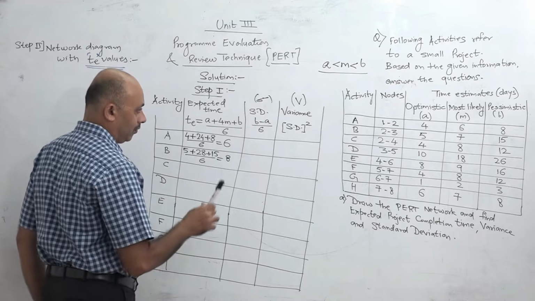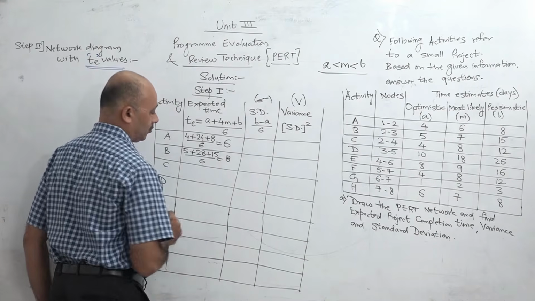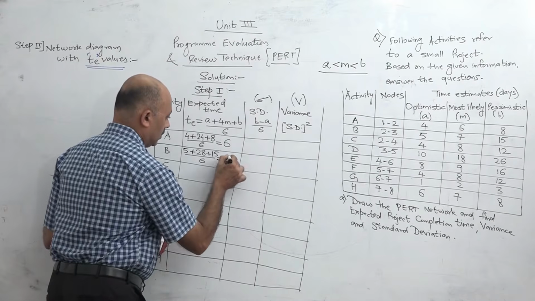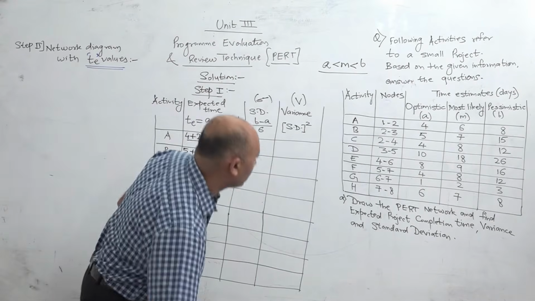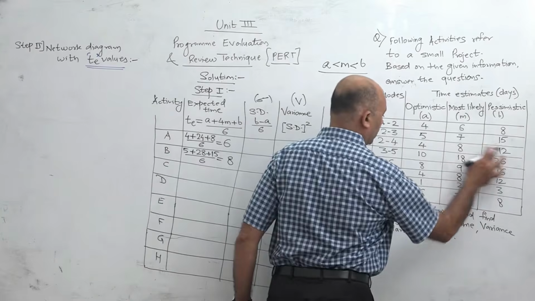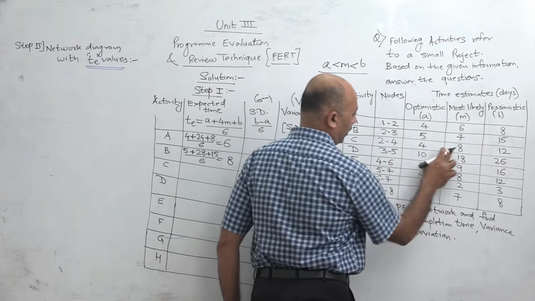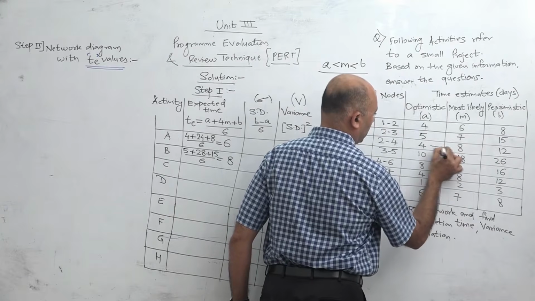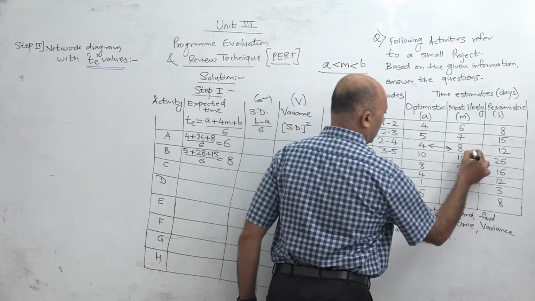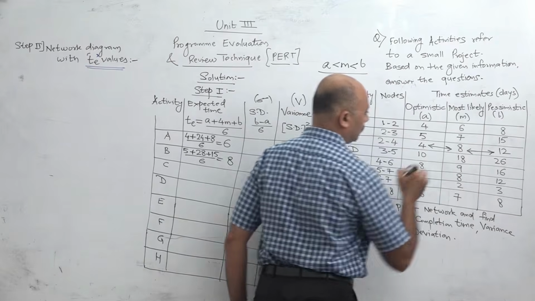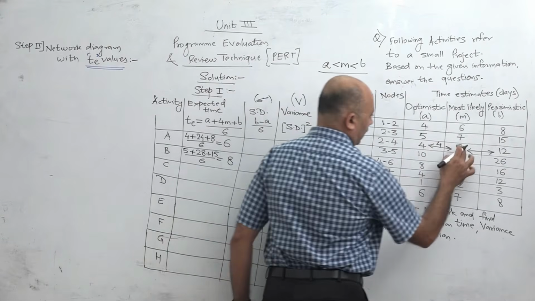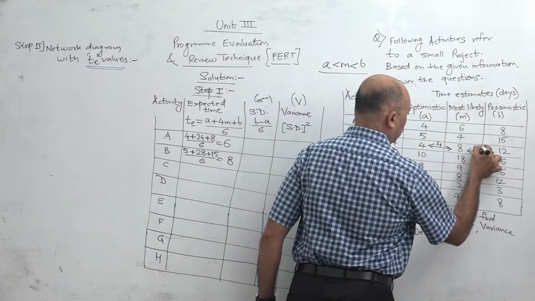Okay. Now you can use a shortcut for calculation of these values. If you observe the 3 values, now see for activity C, 4, 8 and 12, check the interval between the values. If the interval between A and M and the interval between M and B is the same, now see here 8 and 4 the interval is 4, and 8 and 12 the interval is also 4.